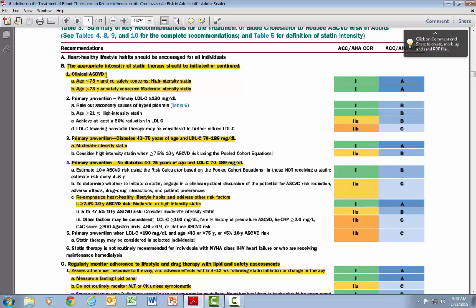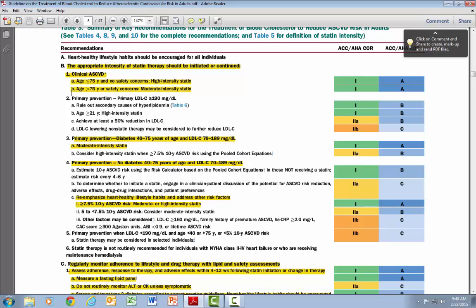This patient has CHF with New York classification 2 to 4, you had a stent placement, you have an advanced cardiomyopathy, etc. Okay, if you're less than or equal to 75 years old, and there's no safety concern, meaning that you don't have renal failure, liver failure, or myopathies, which are the major contraindications for statins, then you should start high intensity therapy.